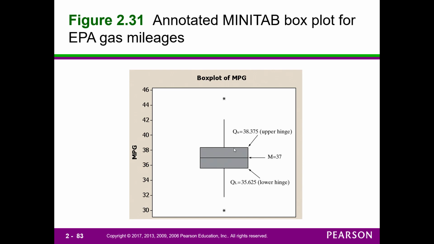Since less than 0.01% of the measurements from mound-shaped distributions are expected to fall beyond the outer fence, these measurements are considered to be outliers. Because there are no measurements of gas mileage beyond the outer fences, there are no outliers.